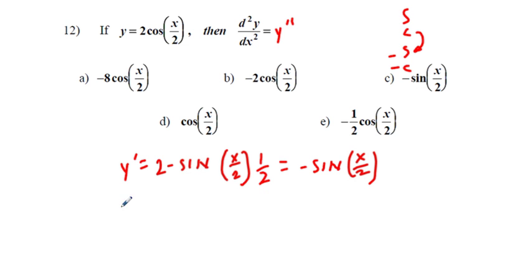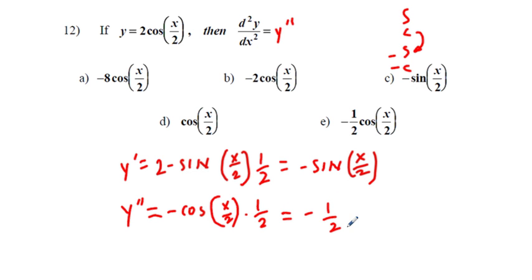And now the second derivative, y double prime, is going to be the derivative of negative sine, which is negative cosine. So I have negative cosine, and we're going to have x over 2 times 1/2. Well, that's going to be negative 1/2 cosine of x over 2, which is our answer E.